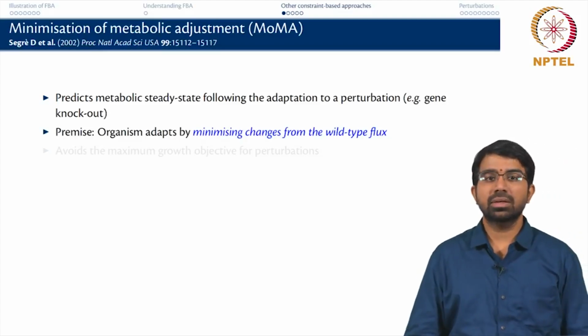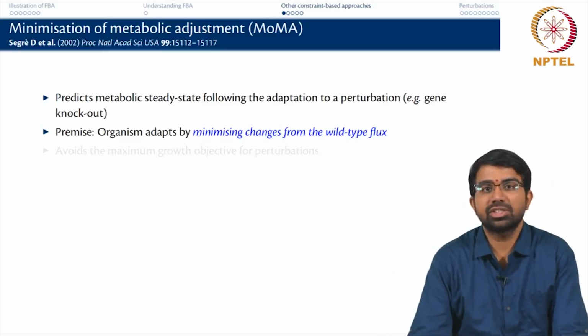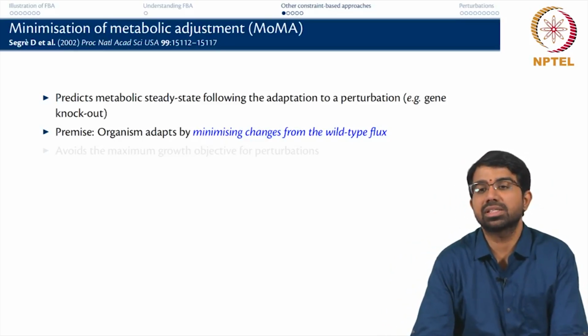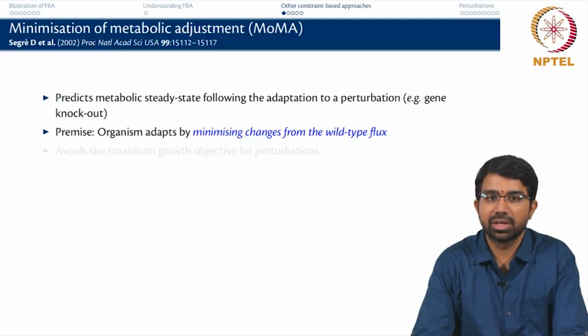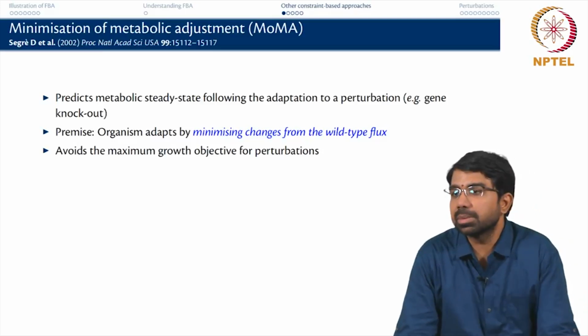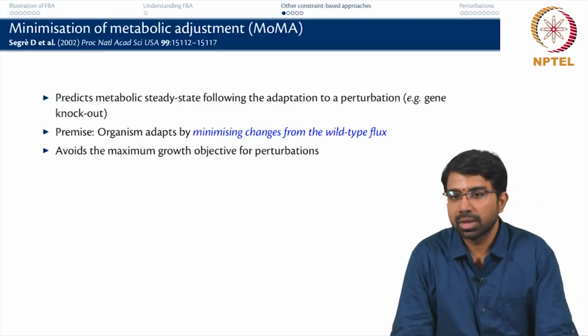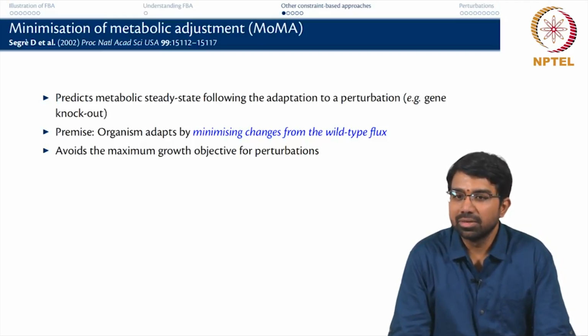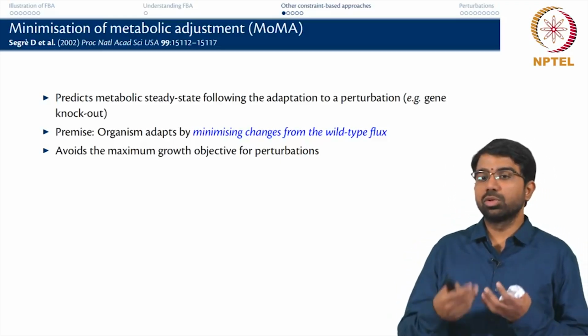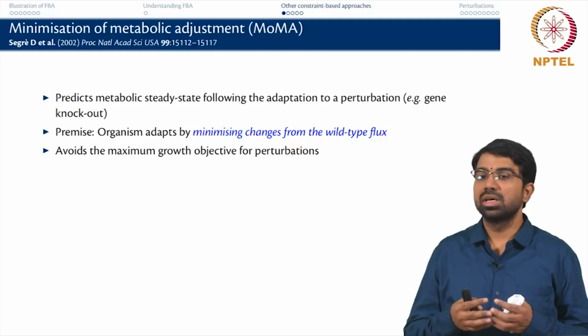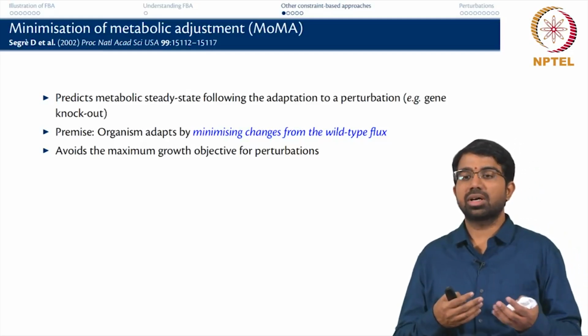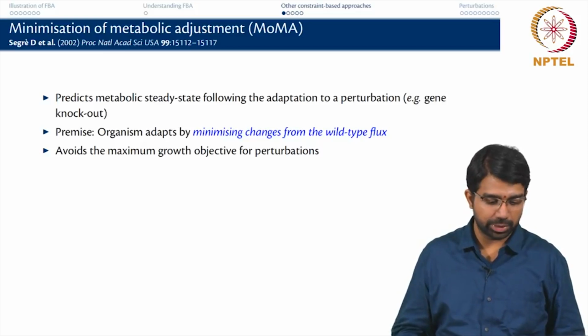The premise is that an organism adapts to any stress or any perturbation by minimizing the changes from the wild type flux, and this avoids the maximum growth objective function, which is where we started. We said to delete a few genes and then try to maximize growth seems to be a harsh ask of the cell. The cell may not be doing that.